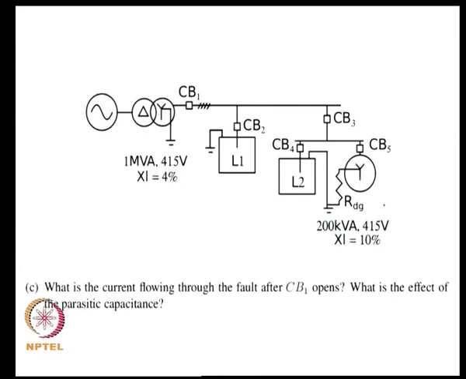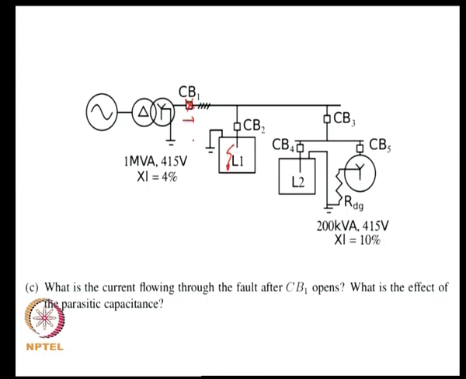So, the next question is to consider say the situation where because of the fault in load 1, breaker CB1 opened. If you want to see whether CB1 would open, you want to look at the current flowing through switch S1.